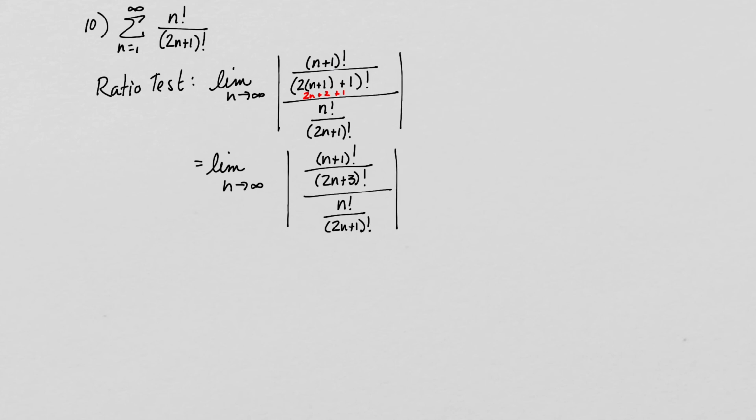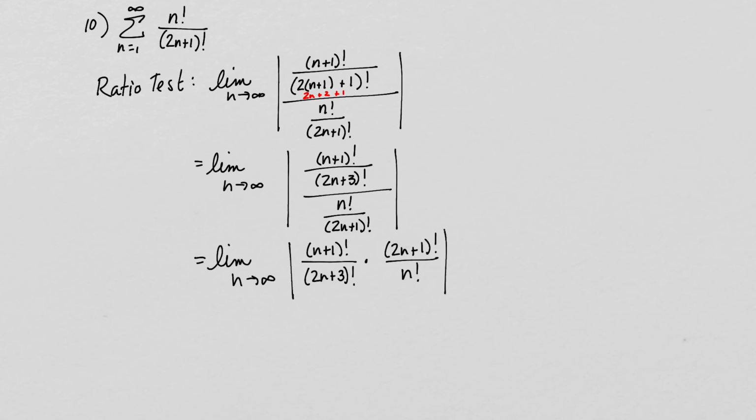Then if I do keep, change, flip, in terms of getting rid of my complex fraction, we have (n+1) factorial divided by (2n+3) factorial times (2n+1) factorial divided by n factorial.